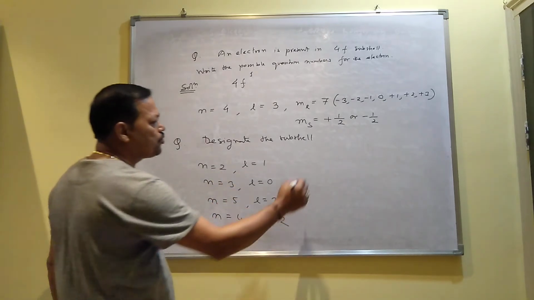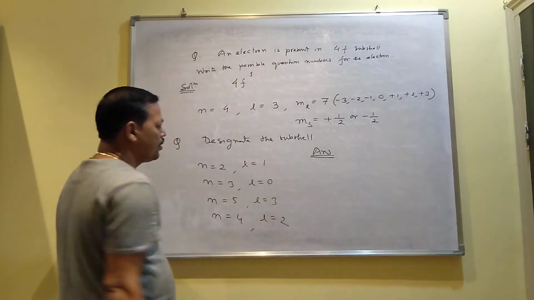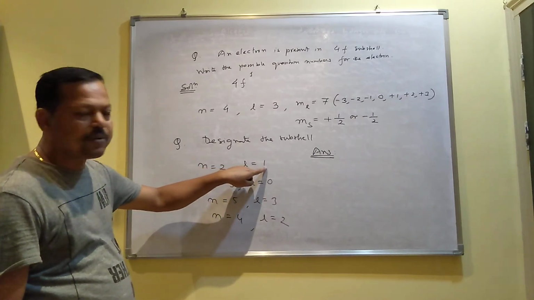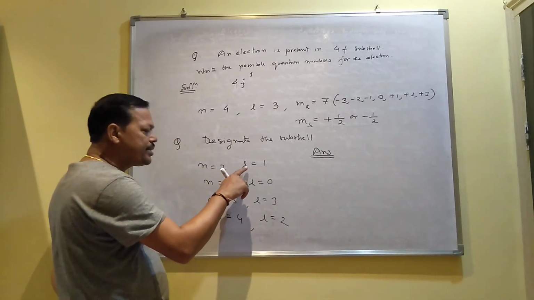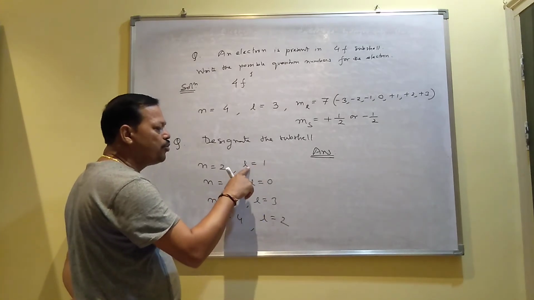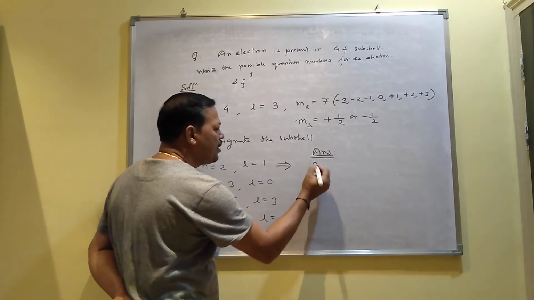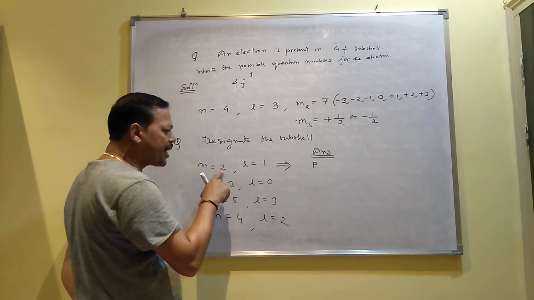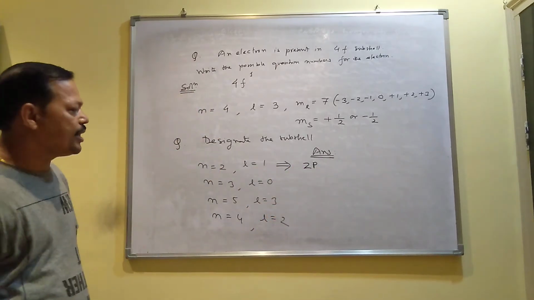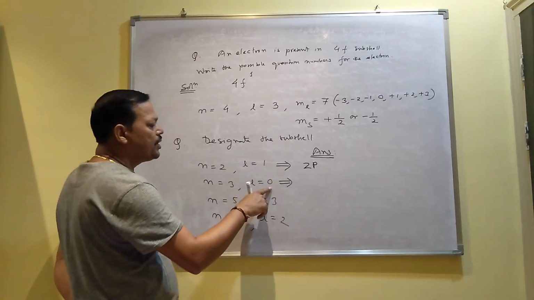If you want to write the answer for this question, you know the first quantum number represents cell, the second quantum number represents subcell. Here the second quantum number, I mean azimuthal quantum number, value is given as 1, and when L is 1, the subcell is P subcell, and since it is present in second cell, the name of the subcell will be 2p, I mean second cell p. In the second one, L equals 0.